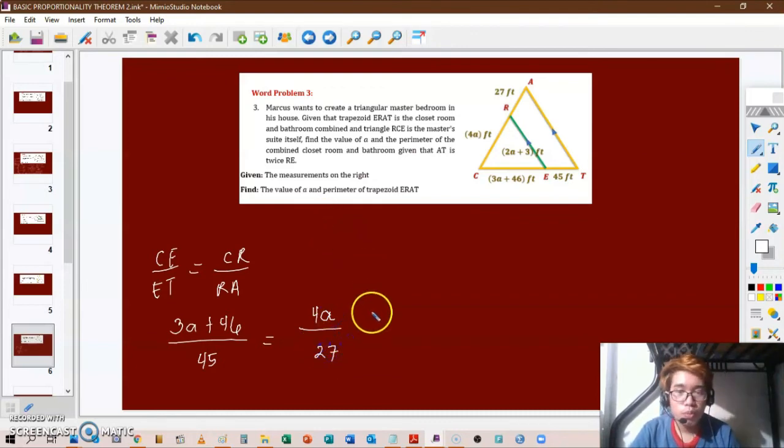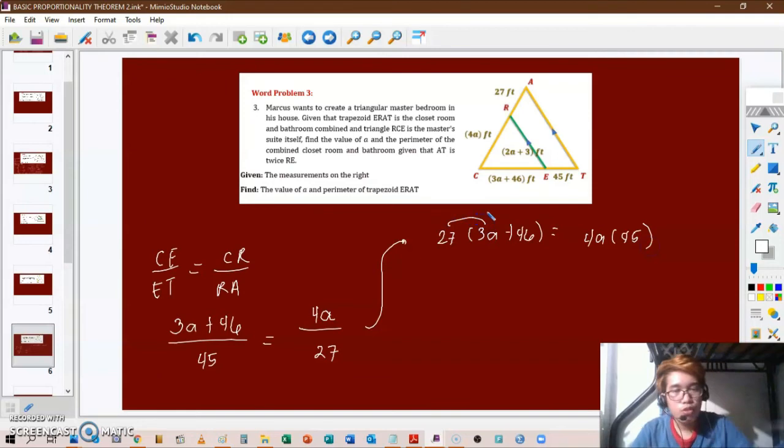If we cross multiply, this will give us 27 times (3A plus 46) is equal to 4A times 45. 27 times 3 will give you 81A, and 27 times 46 will give you 1242. It's equal to 4A times 45, and 45 times 4 will give you 180A.